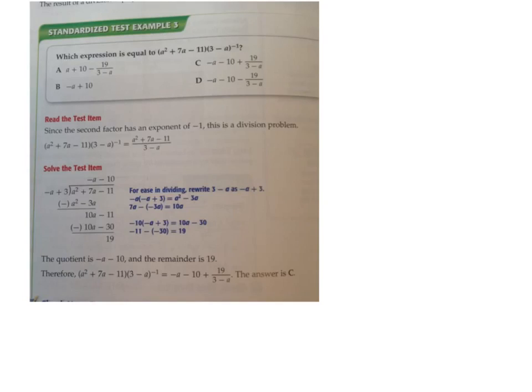Standardized test example 3. What they're doing here is they are trying to help you understand that when you have something to the negative 1 power, it's the same as putting it in the denominator, which means since you have a binomial in the denominator, that you have to set it up as standard long division.